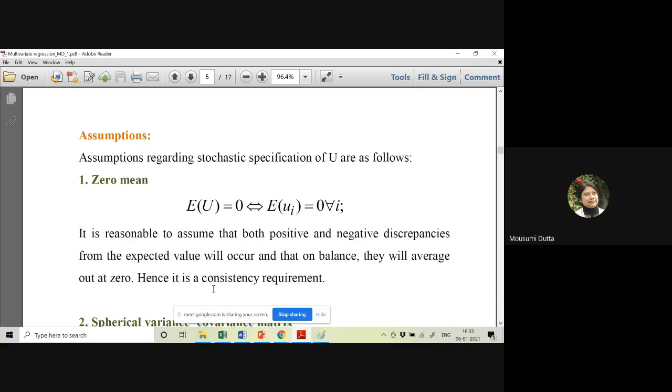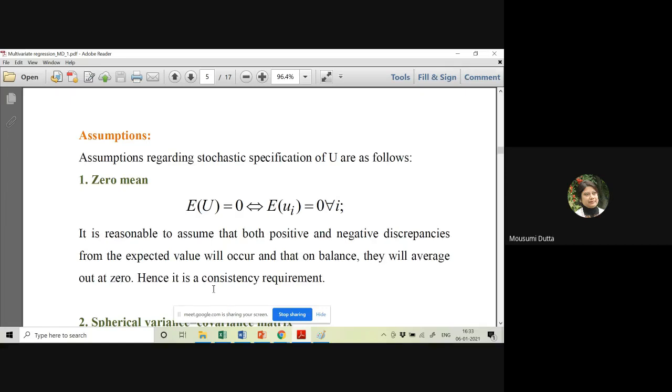While we are drawing any fit and considering the corresponding scatters, some of the scatters are above the line and some are below the line. If we drop perpendiculars from the points above the line and from the points below the line, we will find that the number of positive discrepancies is more or less the same as the number of negative discrepancies.